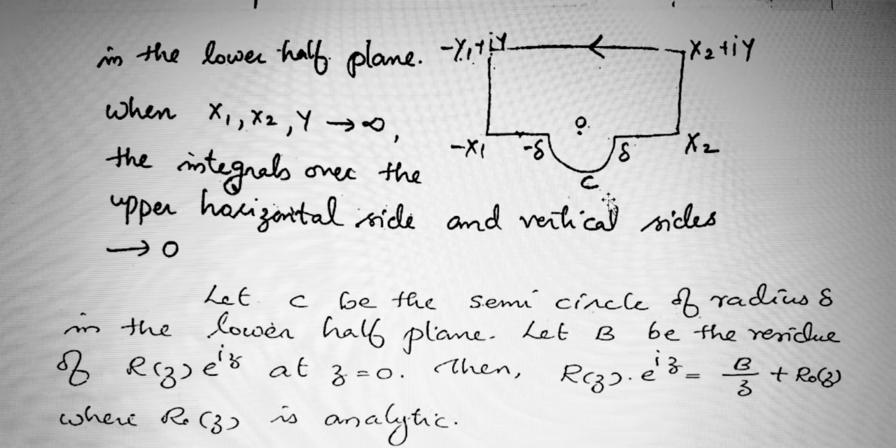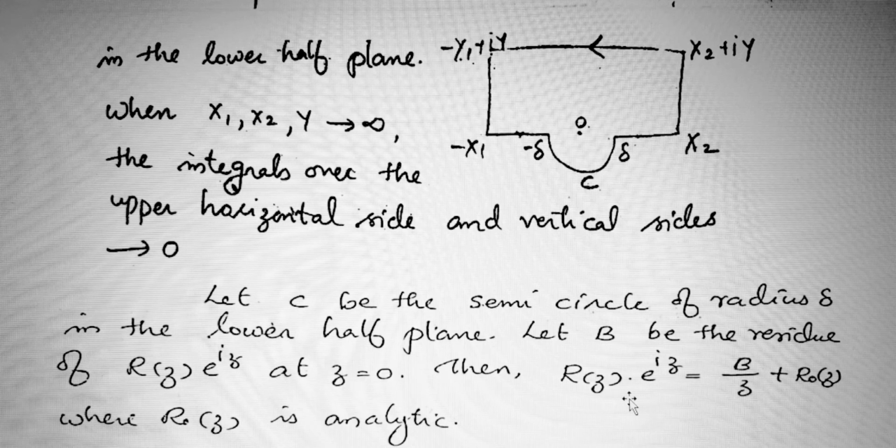Let capital B be the residue of r of z into e raised to iz at z equal to 0. Then r of z into e raised to iz equal to b by z plus r naught of z, because b is the residue, it is the coefficient of 1 by z.